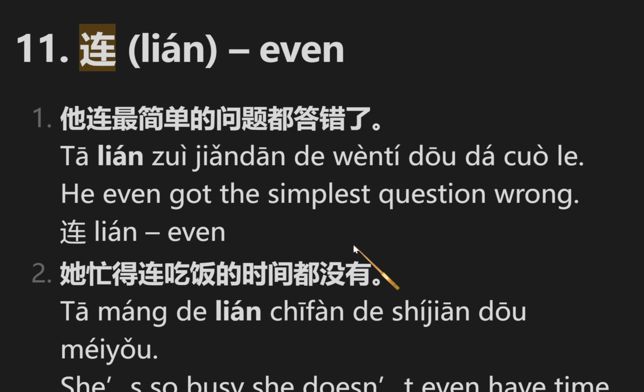He even got the simplest question wrong. 他连最简单的问题都答错了。他, he even, 连最简单的问题, the easiest, the simplest question. Here 都 works together with 连: 连什么什么都什么什么, even something.